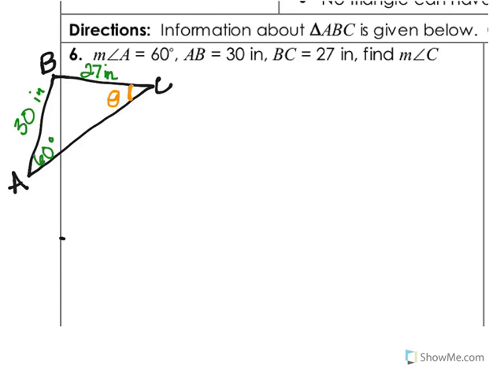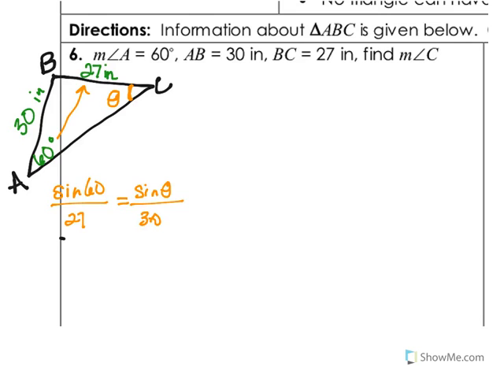Okay, so now what you want to do, just like we always do, is find some type of pair. So we could do sine of 60 over 27 equals, and we have to find measure C. We know its length, so I could do sine of theta, which theta is measure C, over 30.